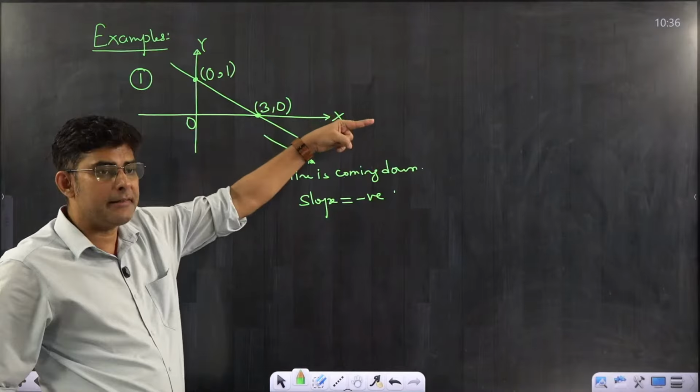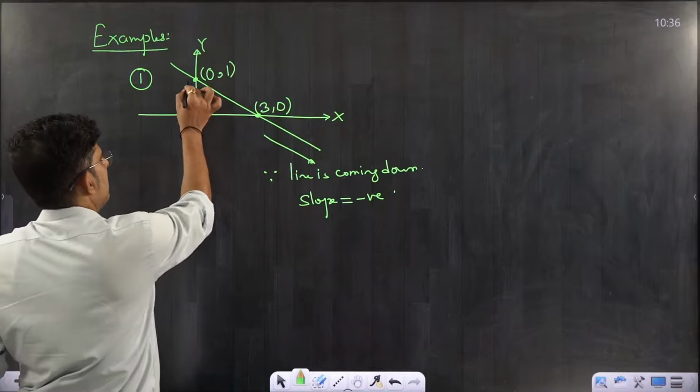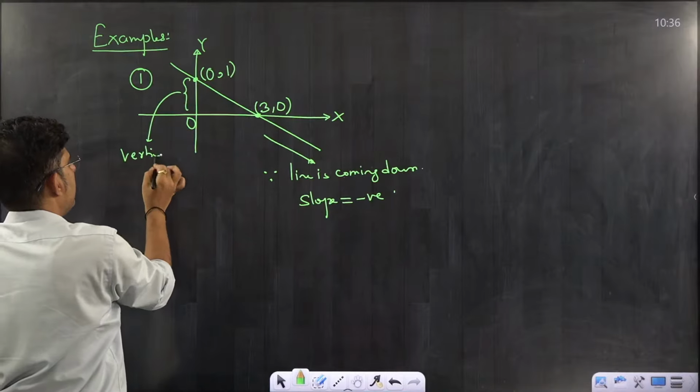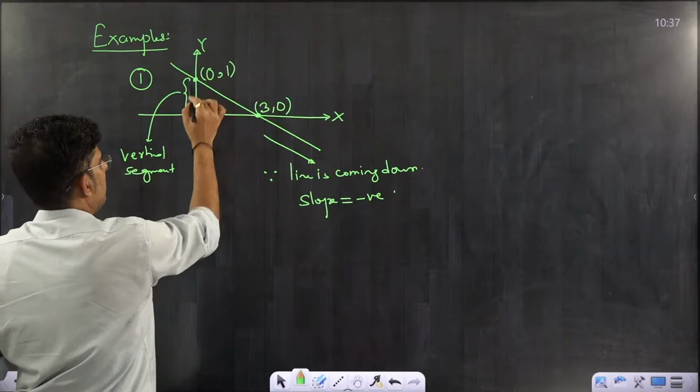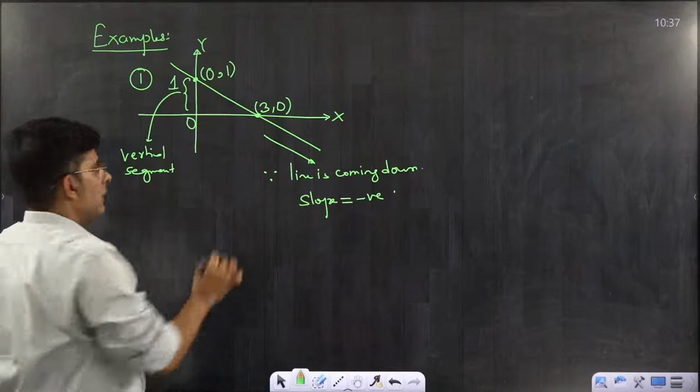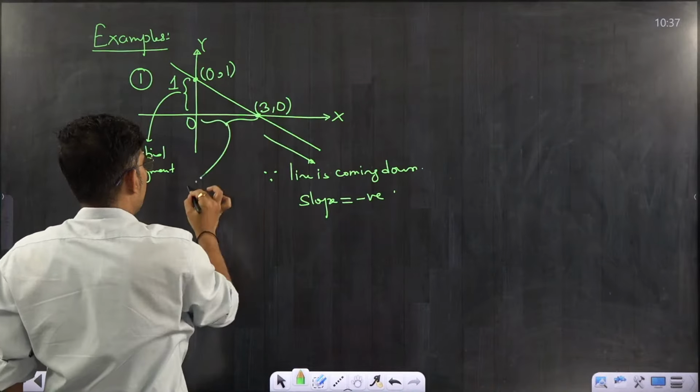Second thing, I said if I take this vertical segment, what is the length? This height is 1, just the magnitude. This is the horizontal segment.